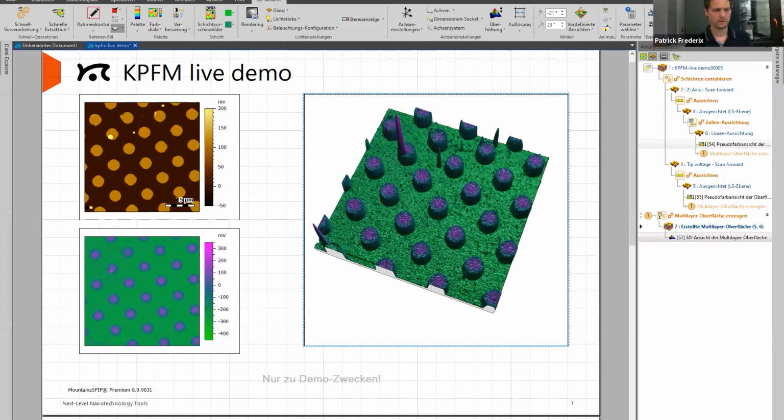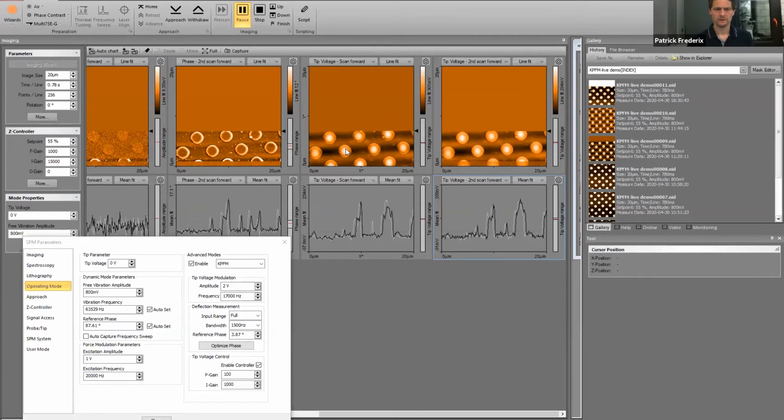So let me go here to the operating mode, and I have to share the other screen again. I hope you can see the SPM parameters window. What you see here, I'm applying a voltage of 2 volts. That's a decent value.